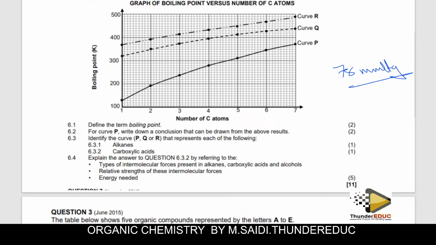Carboxylic acid has the highest boiling point because of the two sides of hydrogen bonds. It has the London force, dipole force, and then hydrogen bonds, but two sides, while alcohol only has one side. Hence, its boiling point is higher than that of alcohol.